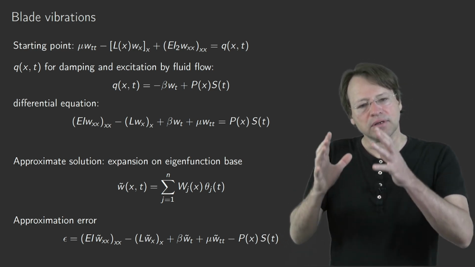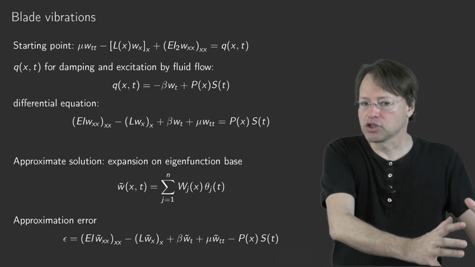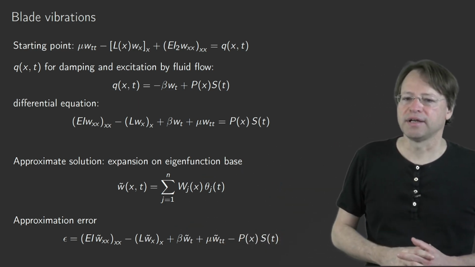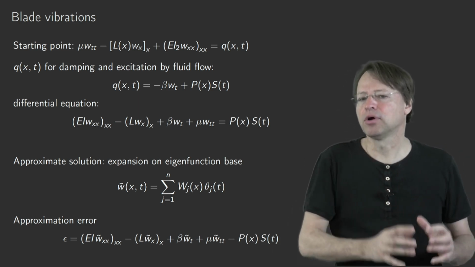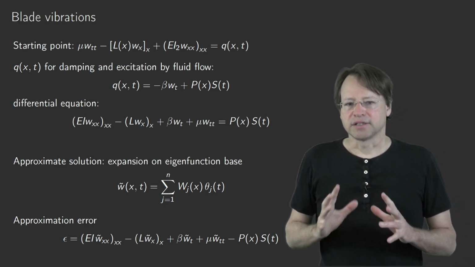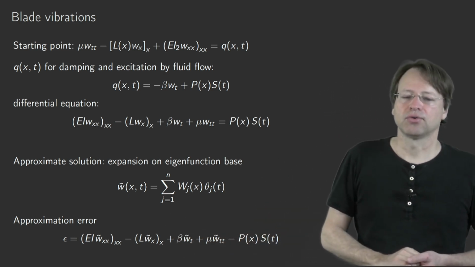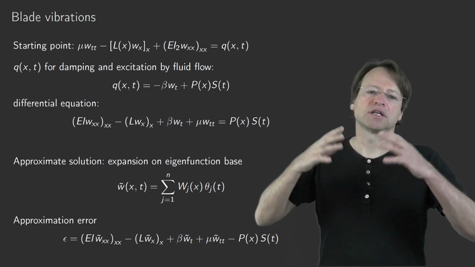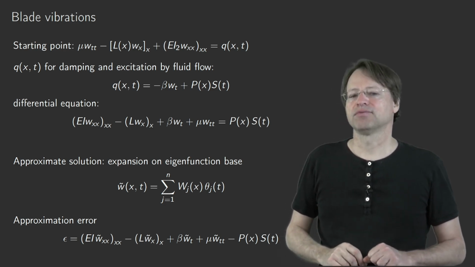Well, we project the space dependence on some functional space, and then we require that the projected approximation error on that functional space is equal to 0. That is, we strive to reduce the approximation error to 0 in a certain subspace, hoping that this subspace is large enough to produce a good approximation of the solution.